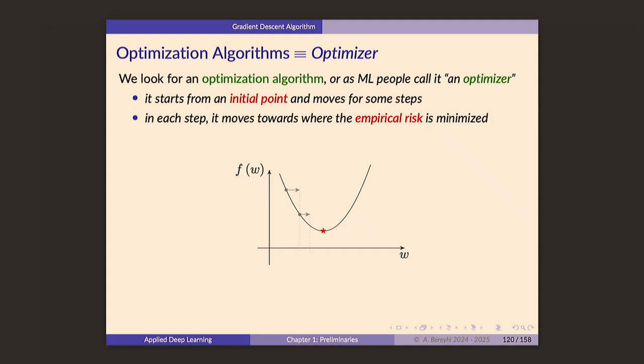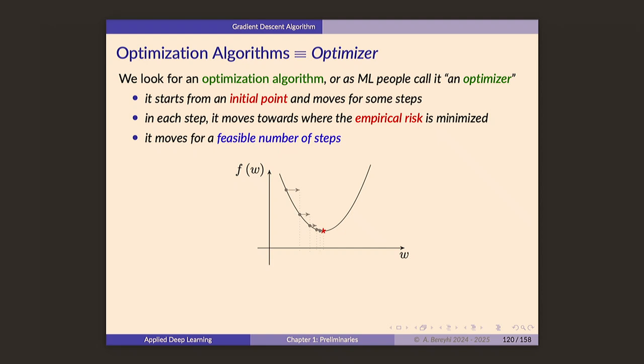And then again, the algorithm tells us, okay, keep on going, and we go forward. And then it again tells us keep on going, but slower. And we keep on going slower and slower till we end up, after a finite number of steps, at the local minimum, right? So this is one optimizer. One algorithm which is gradually, iteratively pushing you toward one local optimal point. Usually we think of minimization.